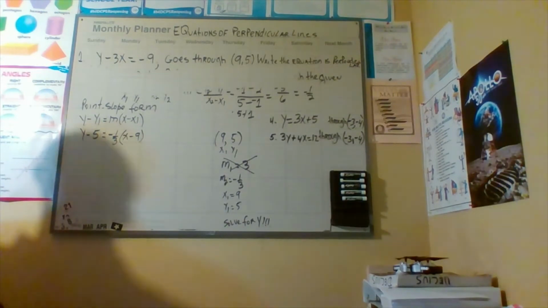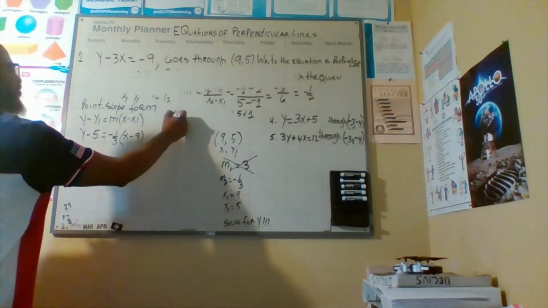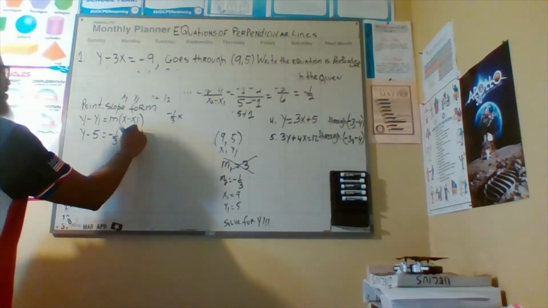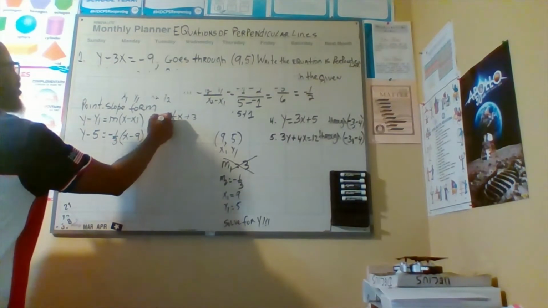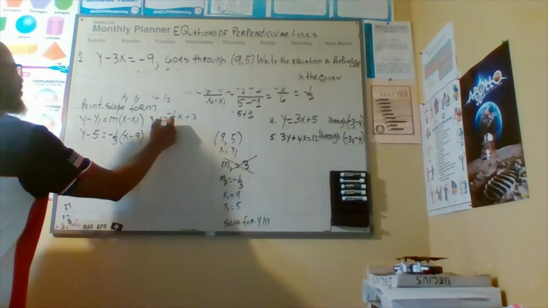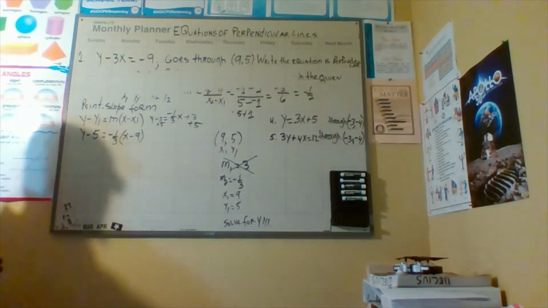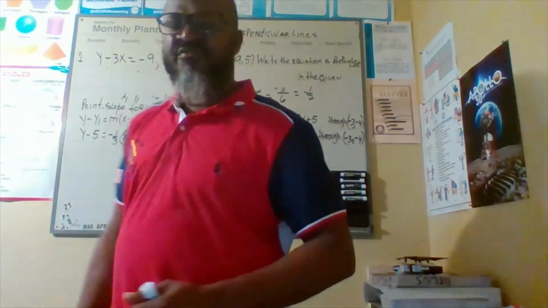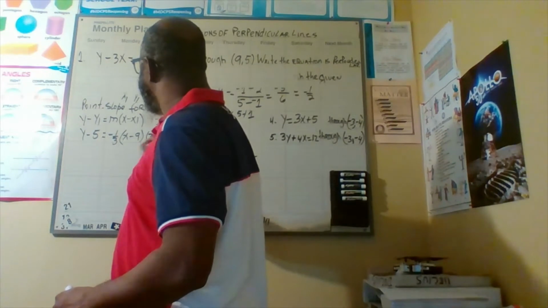If you don't have a problem with fractions, distribute 1/3 times x, that will give you negative 1/3 x, and negative 1/3 times negative 9 will be plus 3, is equal to y minus 5. Then you will have to add 5. I don't usually solve it this way, since I know what I'm doing. Since the majority of you have a problem with fractions, I will ask you to multiply both sides by 3.